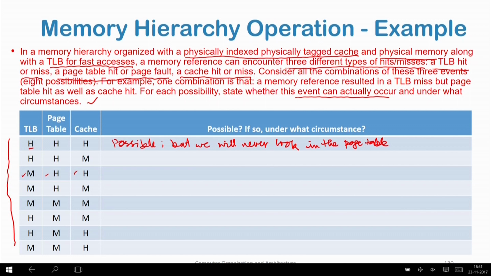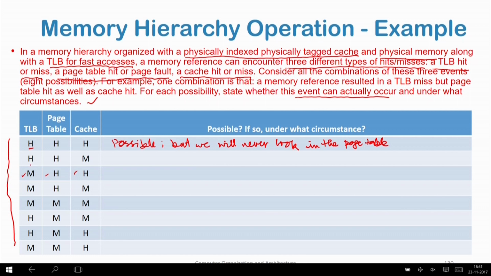Okay. And then when I have got it in the page table, I have a cache hit. So, this is possible. The page table hit I got, and then I got the physical page number, and after that I got the data in the cache.